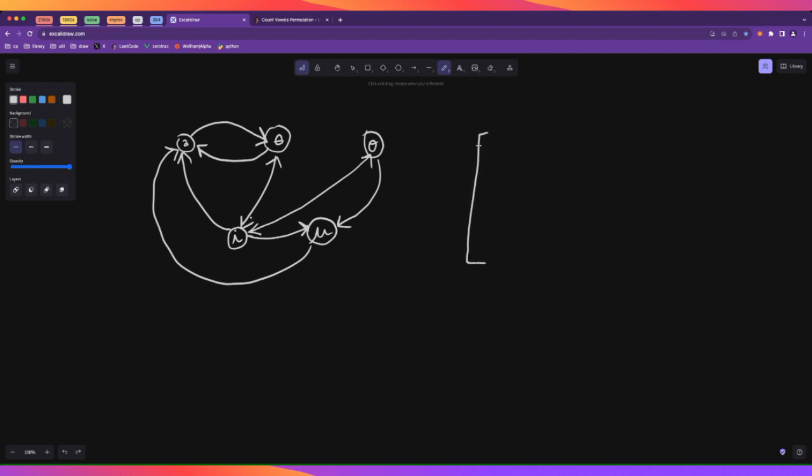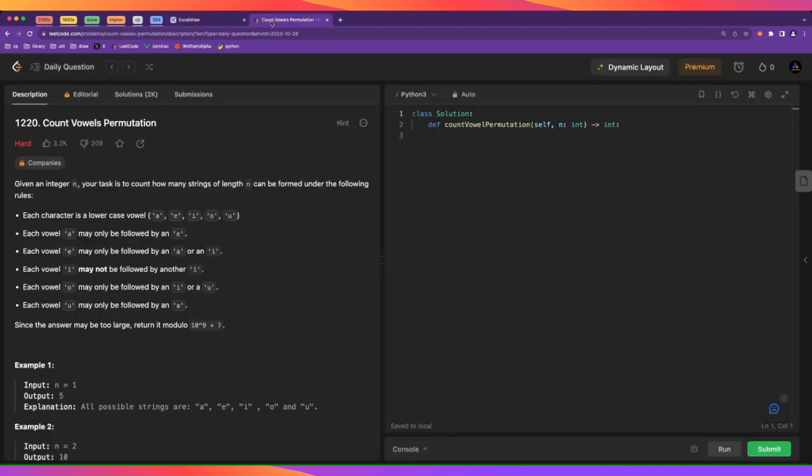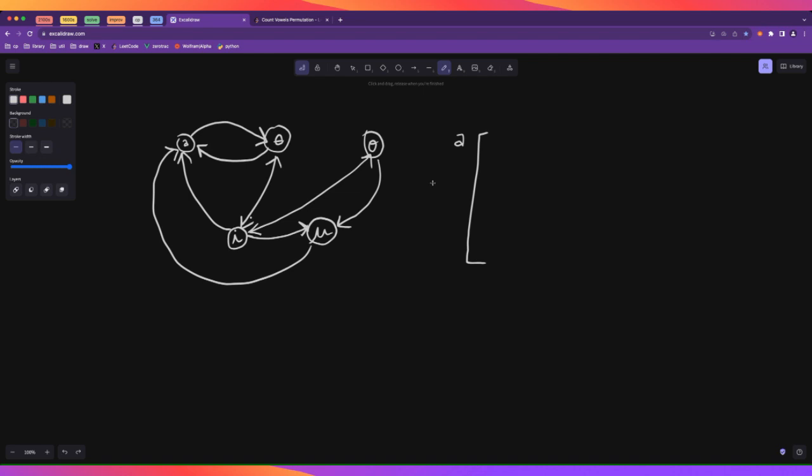We're going to have this matrix where the rows are A, E, I, O, and U, and the columns are again E, I, O, and U. There's no loop, no edge that goes from one node to itself, so the diagonal is not going to have any edge.